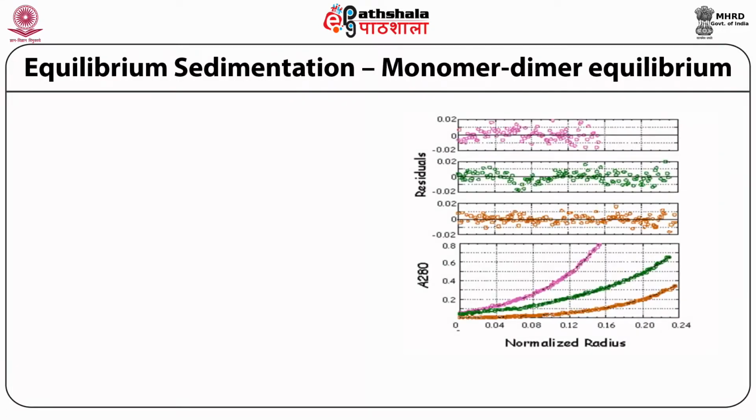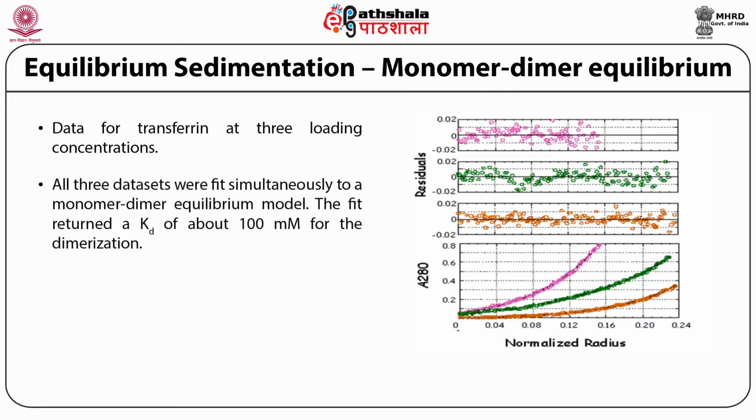Here you can see an example of the binding or association between 2 or 3 molecules of transferrin at a given concentration. So here the data for transferrin at 3 loading concentrations are given. The 3 data sets were fit simultaneously to a monomer-dimer equilibrium model, and the fit returned a Kd value of about 100 millimolar for the dimerization.